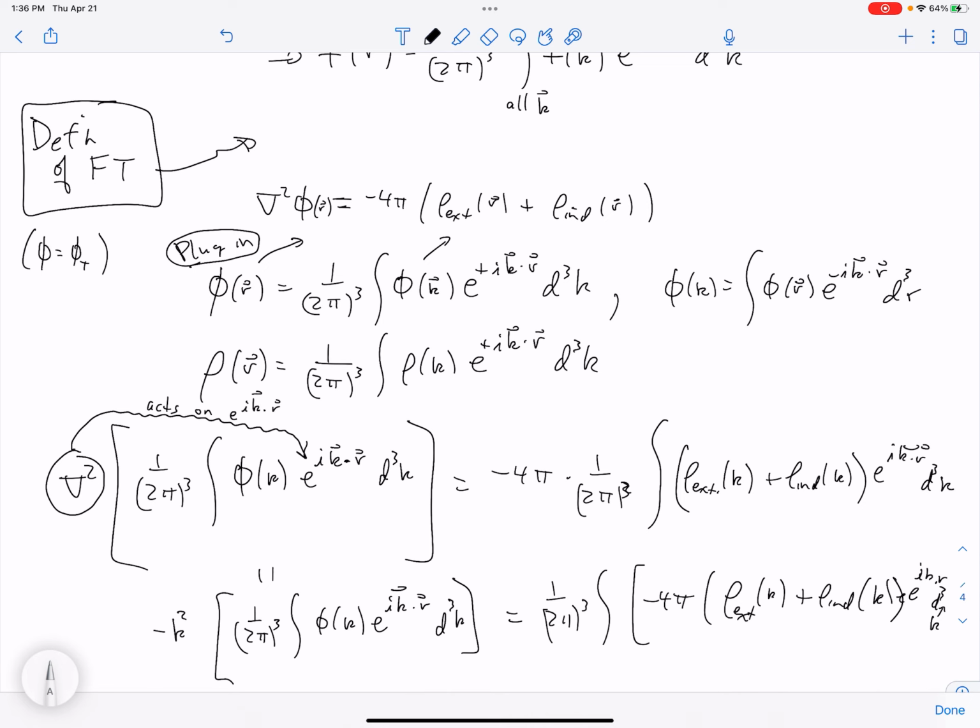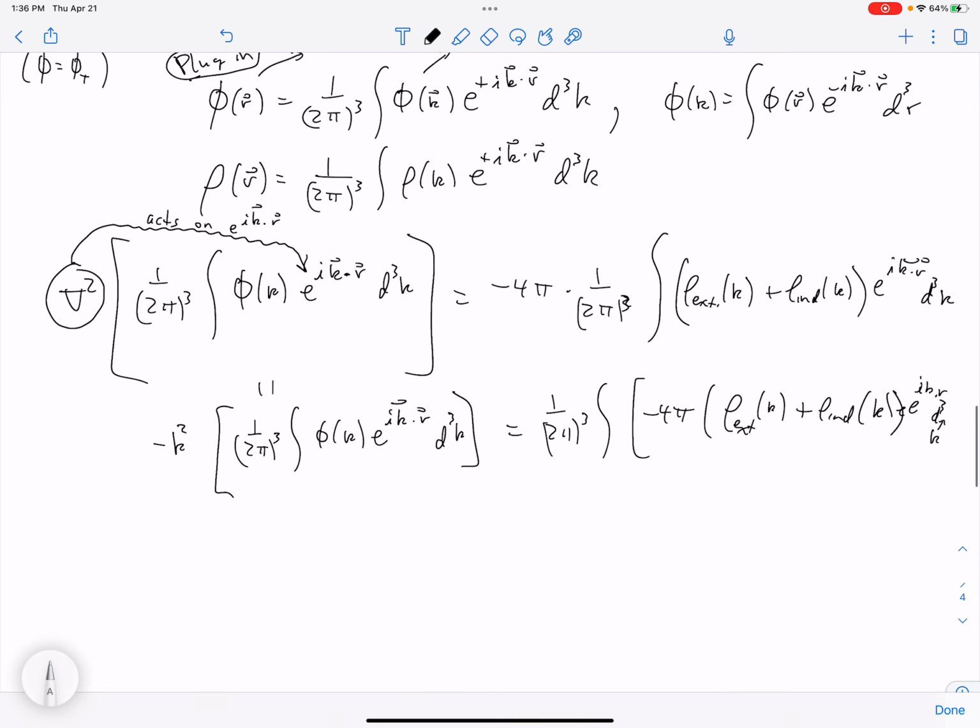Okay, and the whole point of doing all this is so we don't have to write all these integrals, because if I have an integral on the left and an integral on the right, then the stuff inside the integrals must be equal. Stuff inside on the left has to equal the stuff inside on the right.